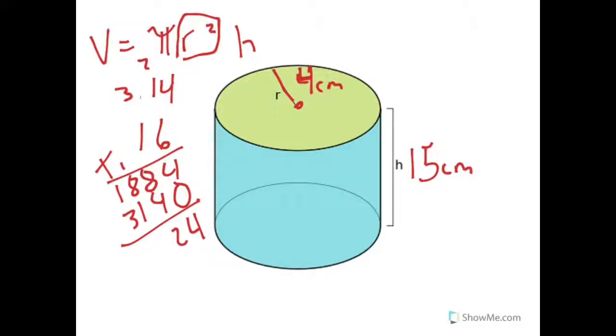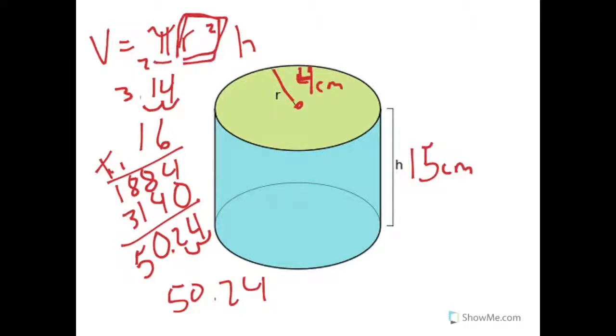Carry the 1. 10. Carry the 1. 3, 4, 5. Big number, but also remember 1, 2 decimal spots. So I end up with 50.24, but that's not all. That's just r squared, 16 times pi, so we took care of that.